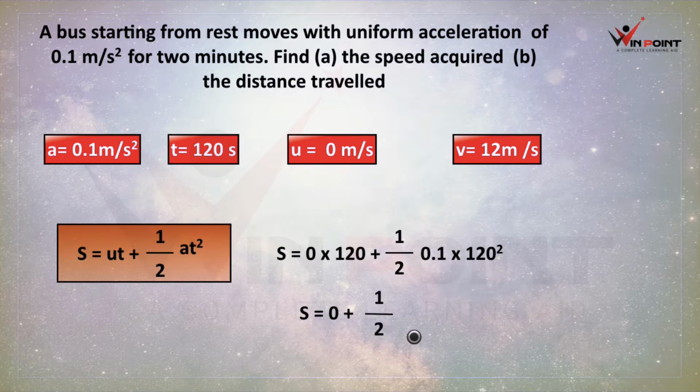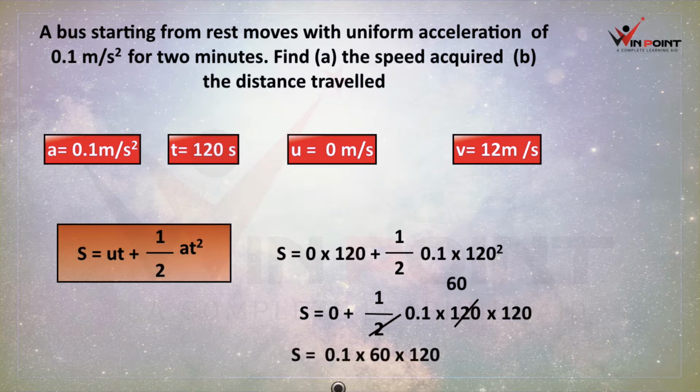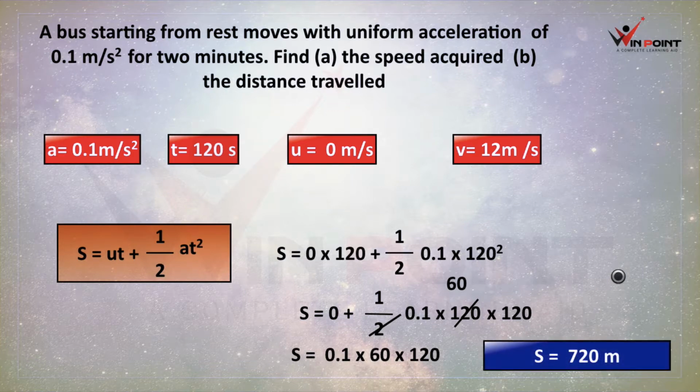S equal to 0 plus 1 by 2 into 0.1 into 120 into 120. We are cancelling this 2 and 120. It will be 60. Then 0.1 into 60 into 120. Answer is 720 meter.